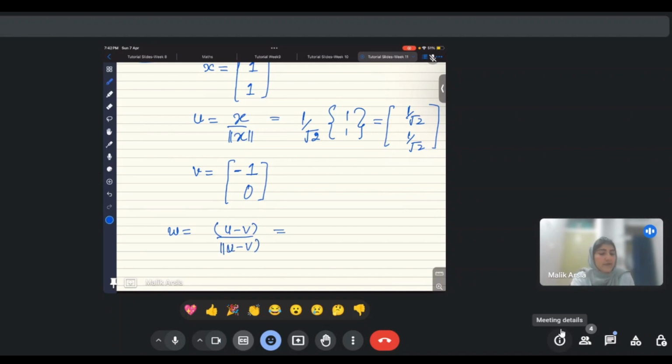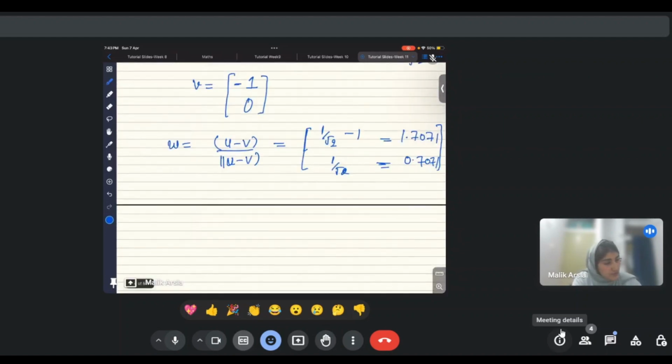Can you quickly tell me what you are getting here? U minus V will be what? 1 by root 2 minus 1, then second entry 1 by root 2, which is equal to 1.7071 and 1 by root 2 is 0.7071.